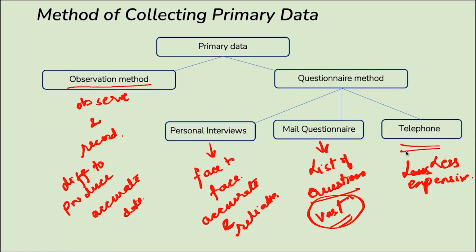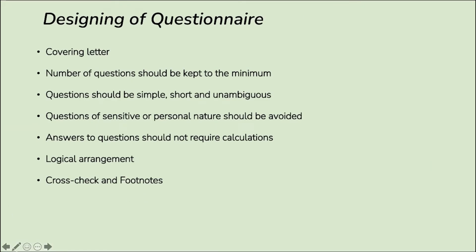So if you keep aside all these disadvantages, the questionnaire method is a more efficient method of asking questions and collecting the data. Now let us discuss the designing of a questionnaire. The designing of a questionnaire consists of several parts. First is the covering letter.